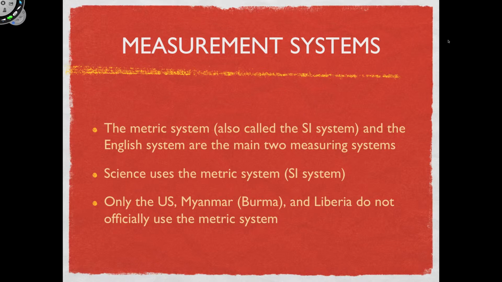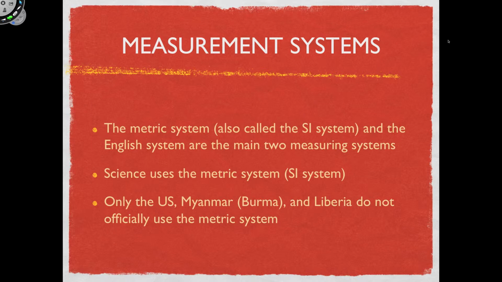SI stands for Systems International. It started in France, so that's why it sounds odd. Instead of saying international systems, it's the System International. So we call it the metric system, but in science you'd say it's the SI system. Science across the globe uses the metric system.